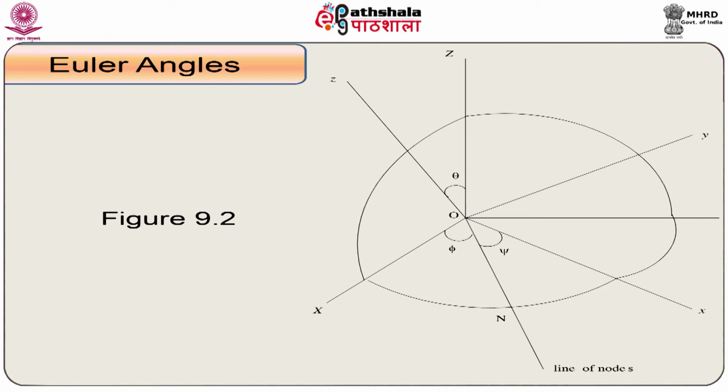This is theta, this is phi, this is psi. This line ON is the line of nodes. Theta, phi and psi are the Euler angles.